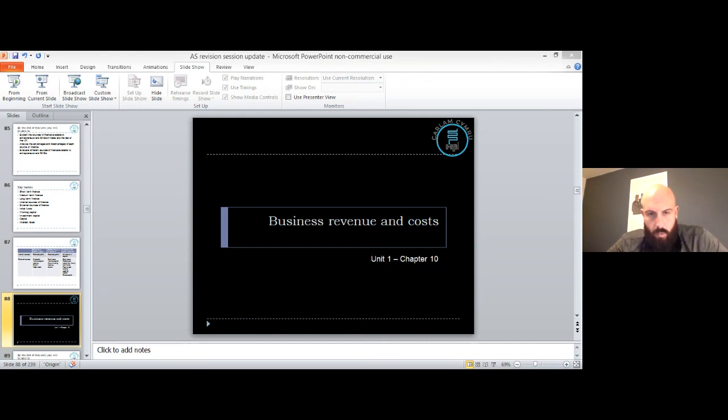Now, what's also worth noting is that if you're looking at your gross profit margin and your net profit margin, it's also a good idea to analyze the difference between the two. So let's say, for example, your gross profit margin is 85%, which is a real high gross profit margin, but then your net profit margin is 10%. Well, that gap suggests there's a real issue there, doesn't it?